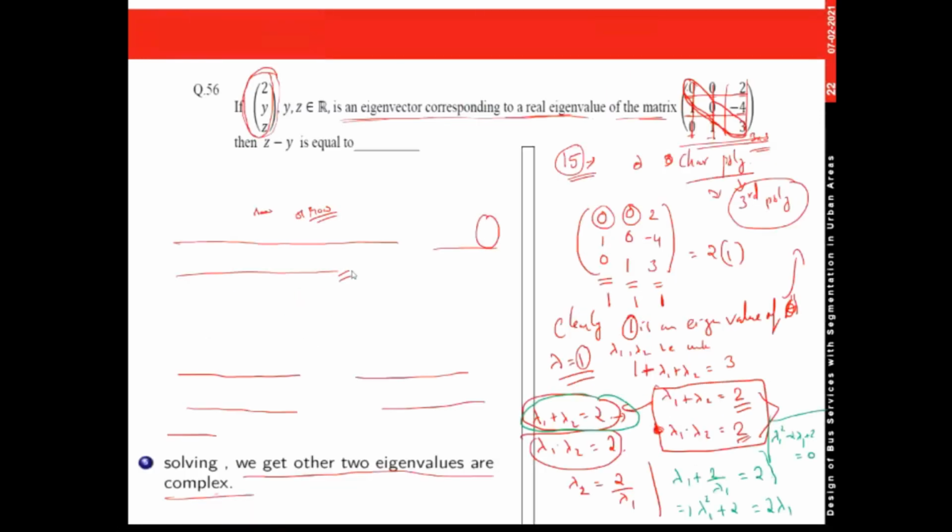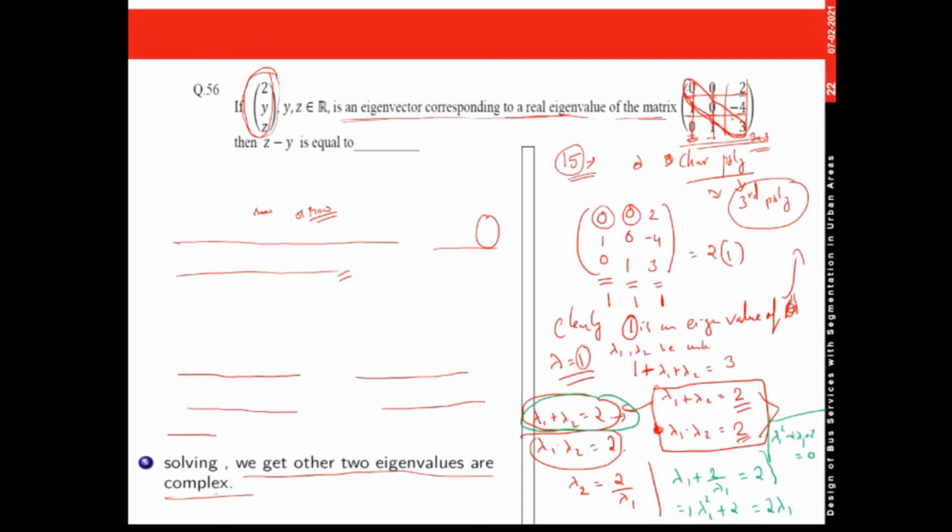So in this question, the hidden clue is that the sum of each row in this matrix is 1. So you should definitely look at the problems, at least one problem might have such a trick.